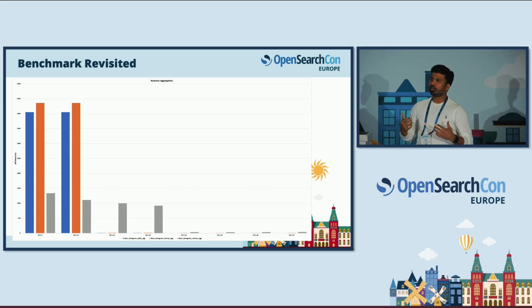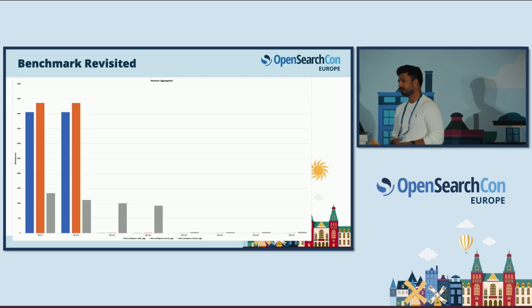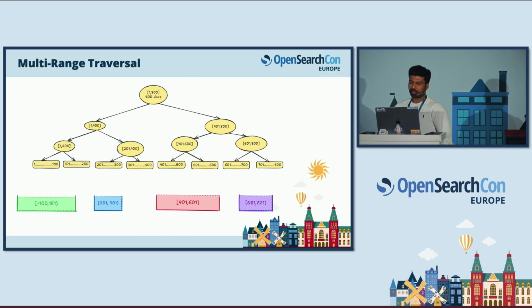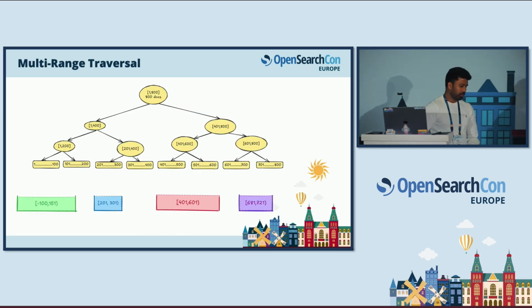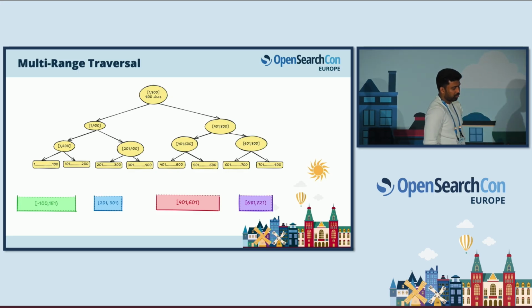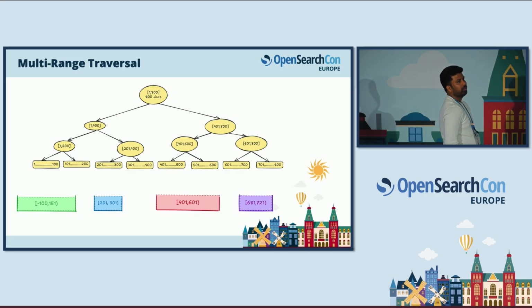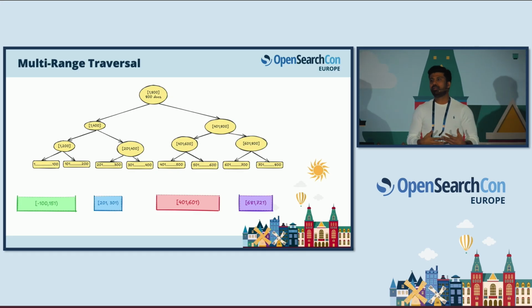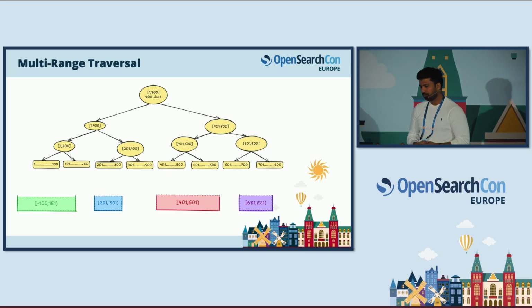Just with this approach, even though we were doing the traversal per bucket, we were able to see a significant improvement of up to 50x. While that was good, we felt that the gray one, which is the minutely aggregation, is something we could still do much better about, right?